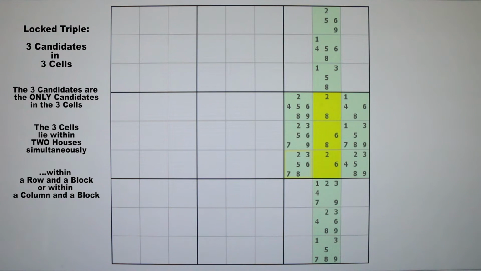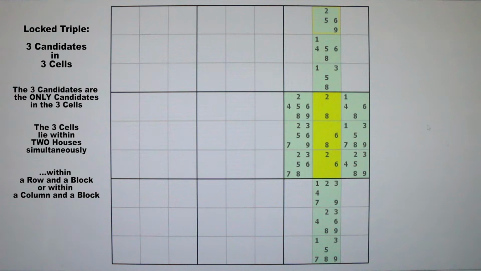Here in column 8, we have one of these AB, AC, and BC type triples, where there are only 2 of the 3 candidates in each cell. But still, it's a naked triple, and it's also locked because it lies in 2 houses at the same time. So the candidates are 2, 6, and 8.